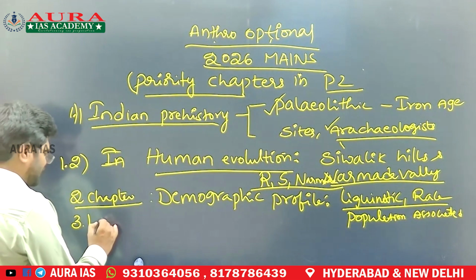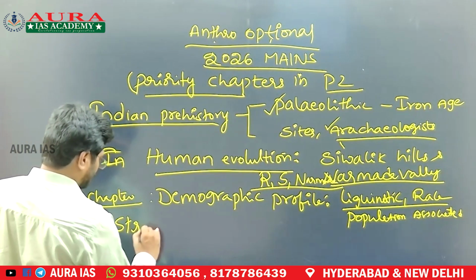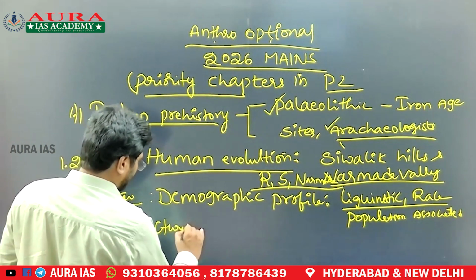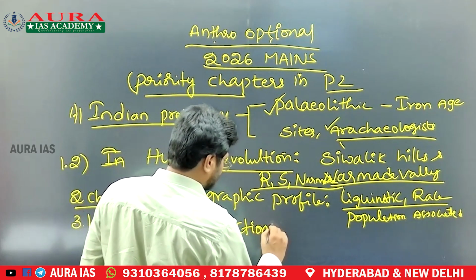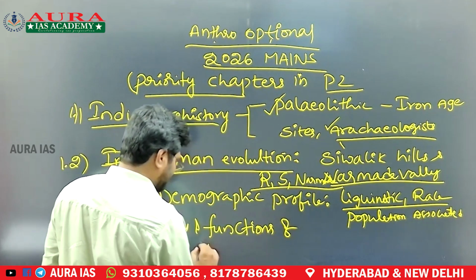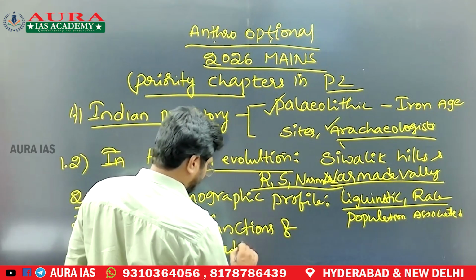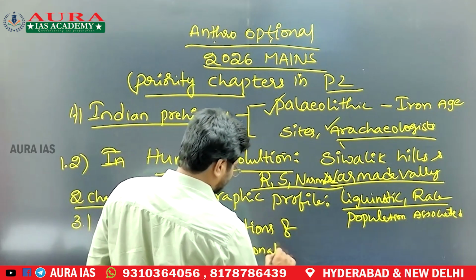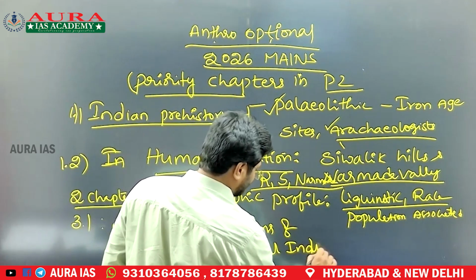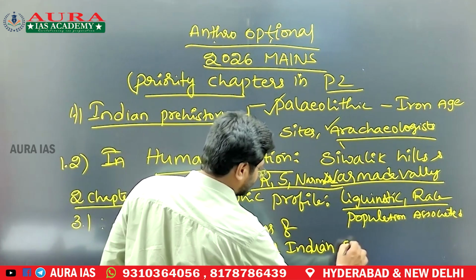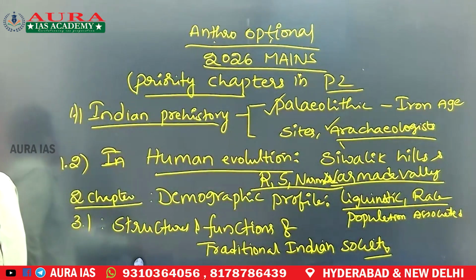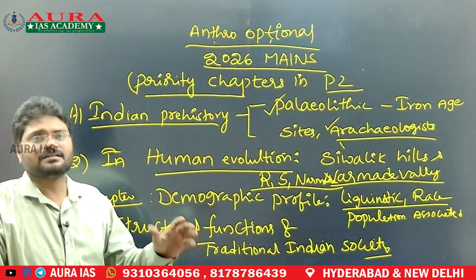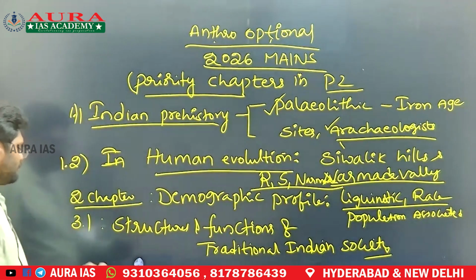Now 3.1: the structures and functions of traditional Indian society. Every year questions are coming from this chapter. Varnashrama, Purushartha, Rina, rebirth: these are the things you should cover from here.